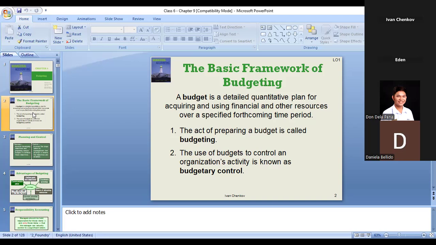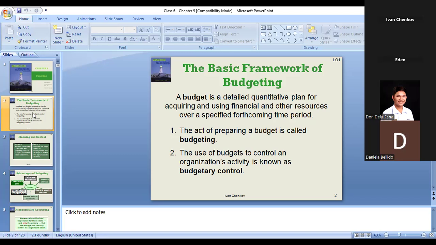So if your plan is to get a diploma from Alexander School of Management, then you start preparing the budget. What will the budget be? Again, it will be the detailed quantitative plan for what you're going to get and how you're going to use it in terms of financial resources and any other resources. Not only money. We're talking about any other resources as well, including the money.